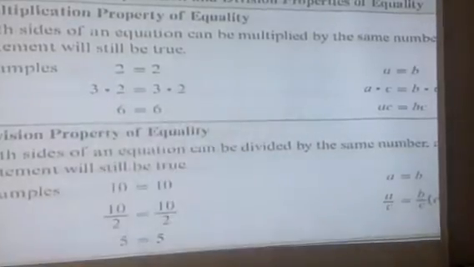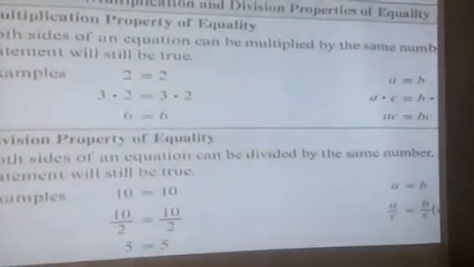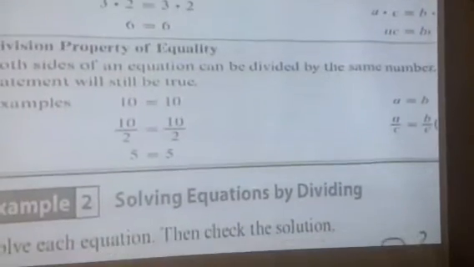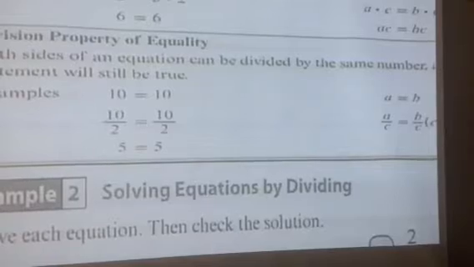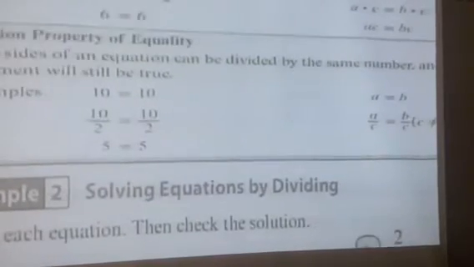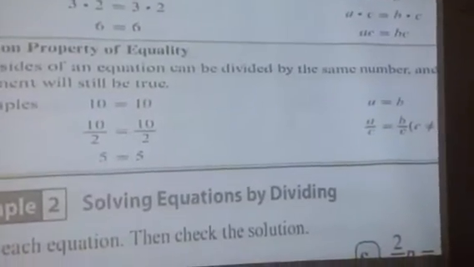So 2 equals 2. Well, if I multiply 2 by 3 on both sides, I get that 6 equals 6. I still get a true equation. So if you multiply both sides of the equation by the same number, you're going to get a true equation just like you started with. Same thing with division. If you divide both sides of the equation by the same number, you're going to get a true statement.